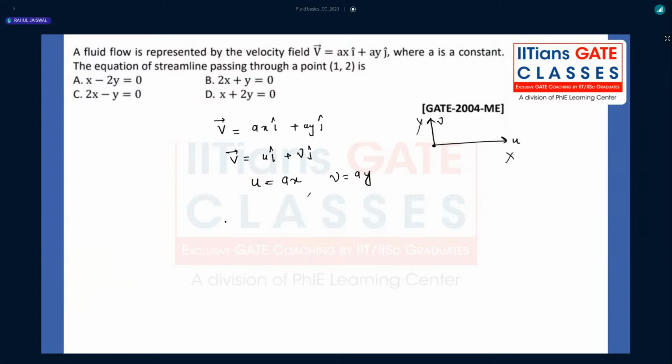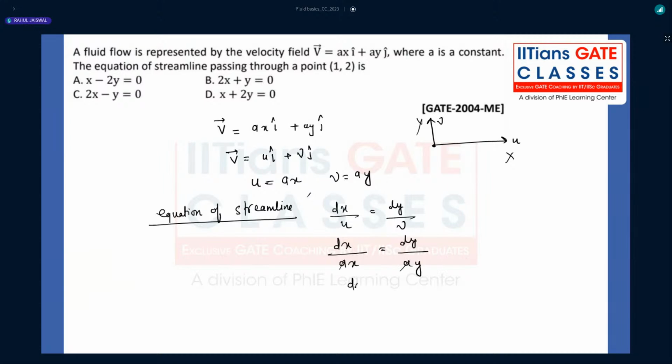Here, my dear friend, they are asking for the equation of the streamline passing through the point (1, 2). So what is the equation of a streamline? We know that dx by u equals dy by v. What is u? Ax. And v is ay.